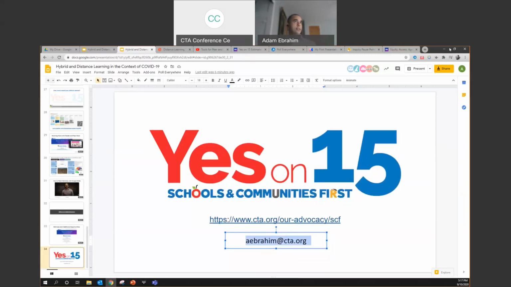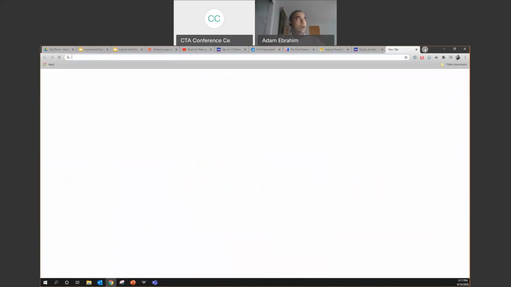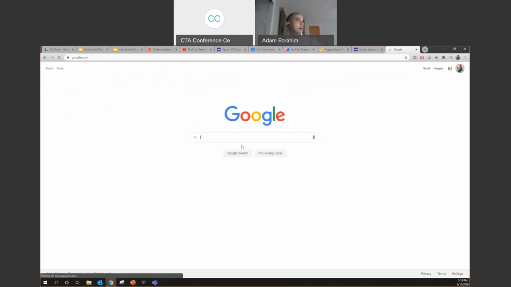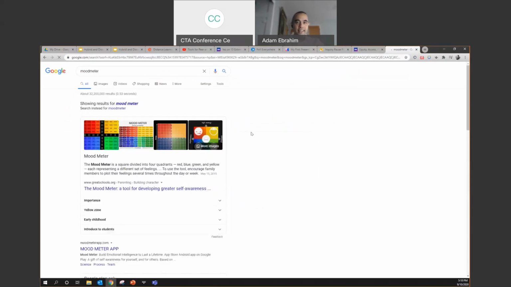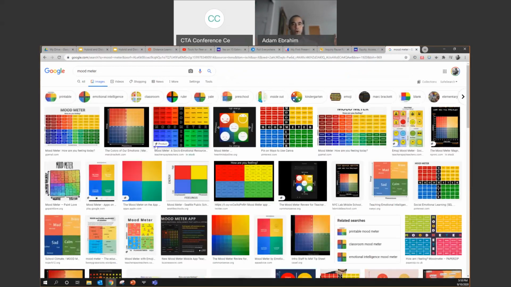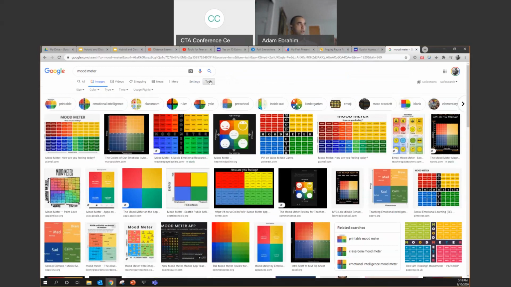Copyrights. All right, let me show you this. This is great. So Google. All right, let's say I want to look up the mood meter. Okay, so I'm going to go to Google Images. How do I know which one is copyrighted and which one is not? You don't. But if you go to Tools, you can go to Usage Rights, and Creative Commons.